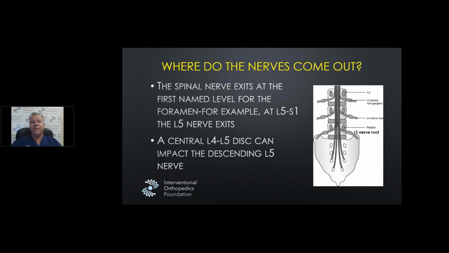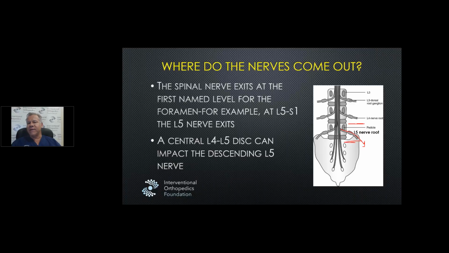So for a central L4-5 disc, however, recognize that it can impact the descending root. What I mean by that is a central L4-5 disc can impact the descending L5 nerve. Very important concept. So I'm going to grab a pen here and draw on the screen. At L5-S1, at this level here, we see the L5 nerve root comes out at L5-S1.